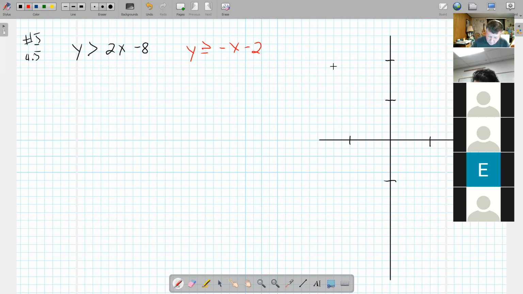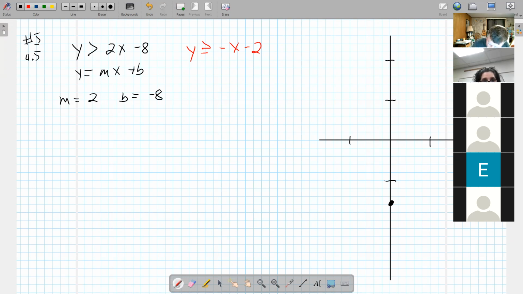Taking a look at the black inequality, it's already in the form of y equals mx plus b. So the slope is 2 and the y-intercept is negative 8. So graphically, we would have a point here at negative 8.